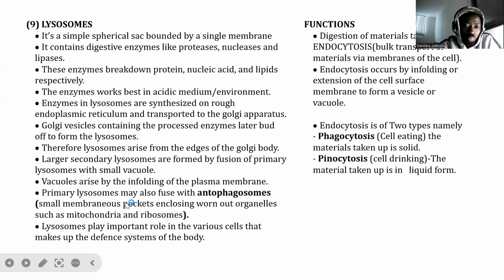Now, the primary lysosome may also fuse with what? Autophagosomes. That's a small membranous pocket enclosing worn-out organelles.